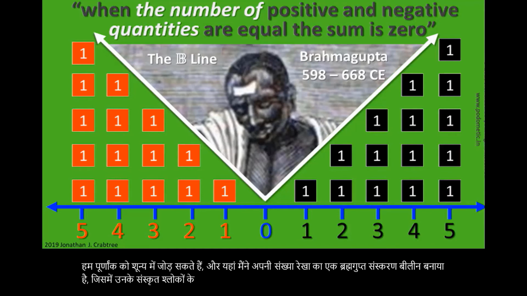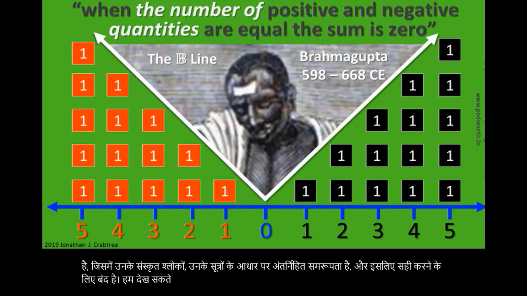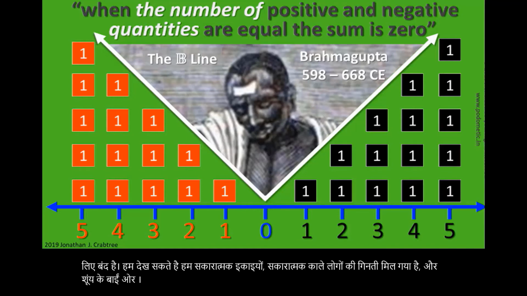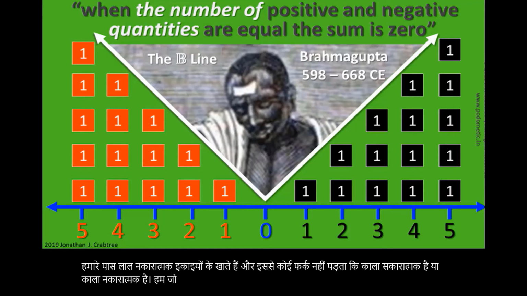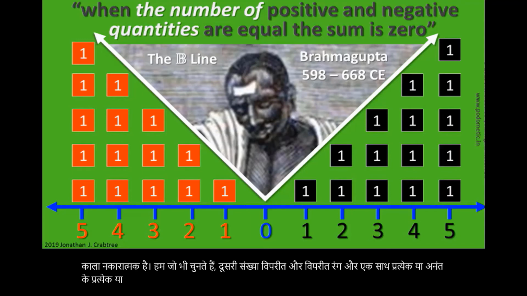Off to the right, we have counts of positive black units, and to the left of the 0, we have counts of red negative units. It doesn't matter whether black is positive or black is negative. Whatever we choose, the other will be the opposite color, and together one of each or two of each or infinity of each will all sum back to Brahmagupta's 0.